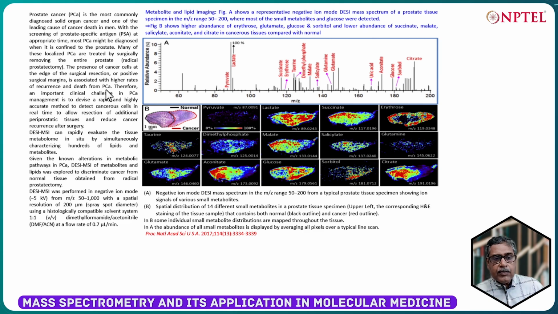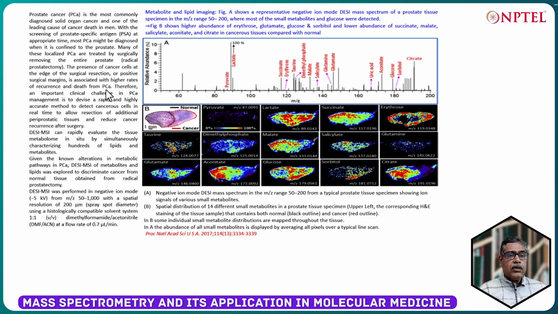While removing prostate tissue, if there is cancerous tissue at the edge where the surgeon is cutting the tissue with a knife, there is a chance to leave some of the cells here and there, and that is dangerous because that actually causes recurrence of the cancer and ultimately leads to death in prostate cancer.